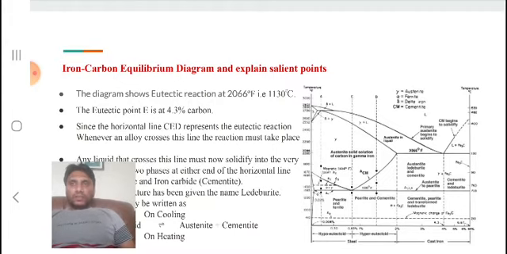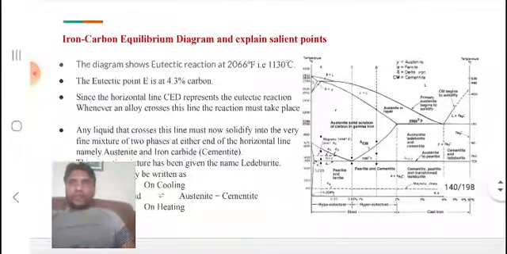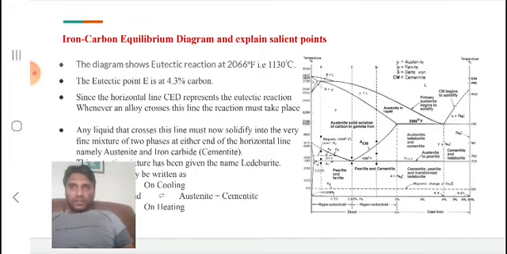Any liquid that crosses this line must now solidify into a very fine mixture of two phases at either end of the horizontal line, namely austenite and iron carbide, that is cementite. We know that this horizontal line is at 1130 degrees centigrade. Whenever an alloy crosses the line, the reaction must take place. What reaction is that? That reaction is the eutectic reaction.